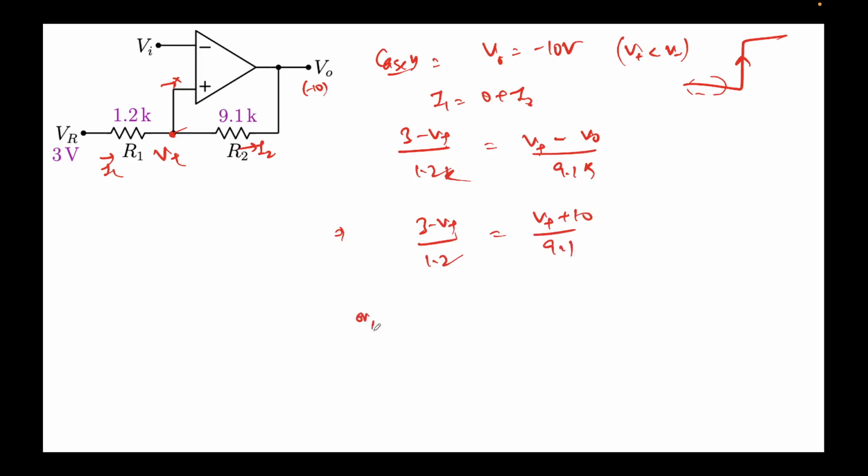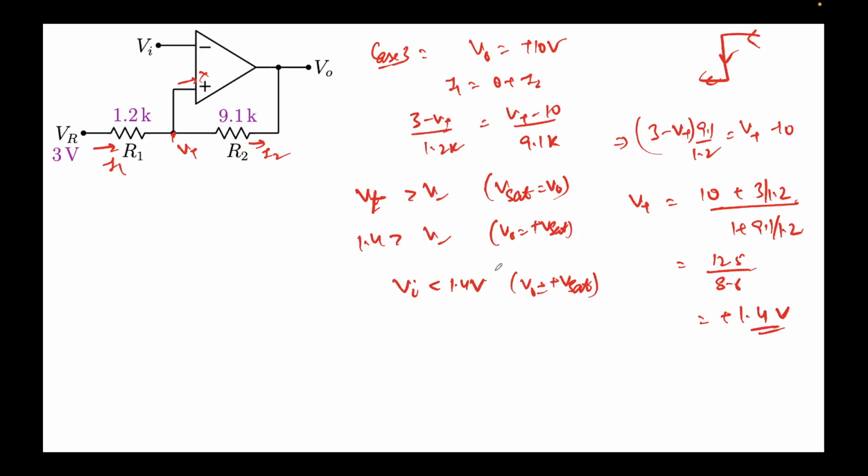If I solve this again, V plus will come out to be... just a second, did I make a mistake there? Okay, yeah, there's a mistake. It's 9.1 times 3 over 1.2.